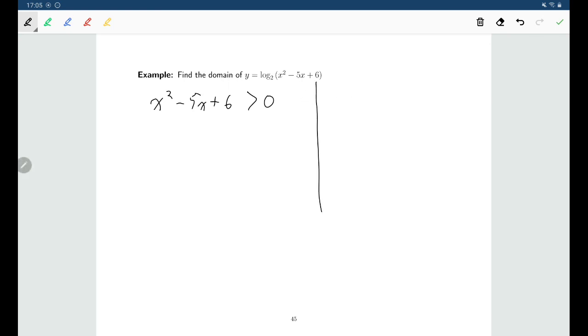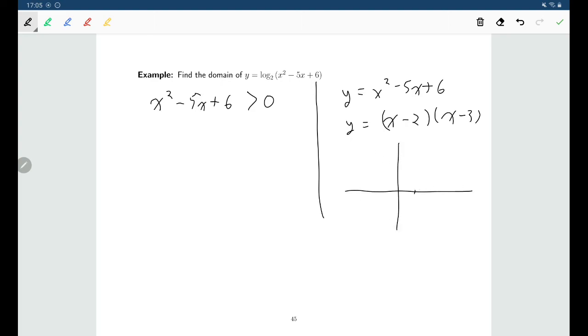I'm going to solve this just by graphing. y equals x squared minus 5x plus 6 is a parabola opening up, and it crosses the x-axis at 2 and at 3. So if we want the expression x squared minus 5x plus 6 to be greater than 0, then either x needs to be larger than 3 or x needs to be less than 2.